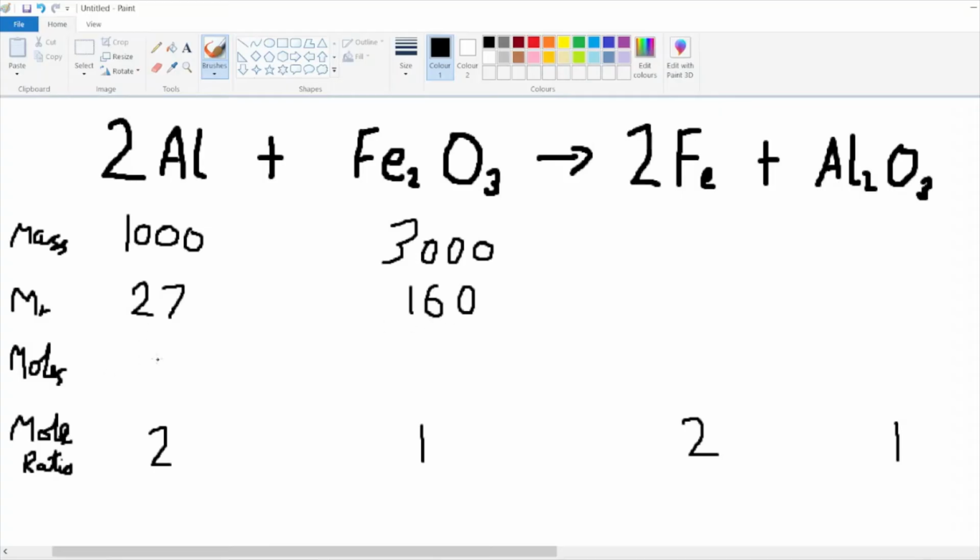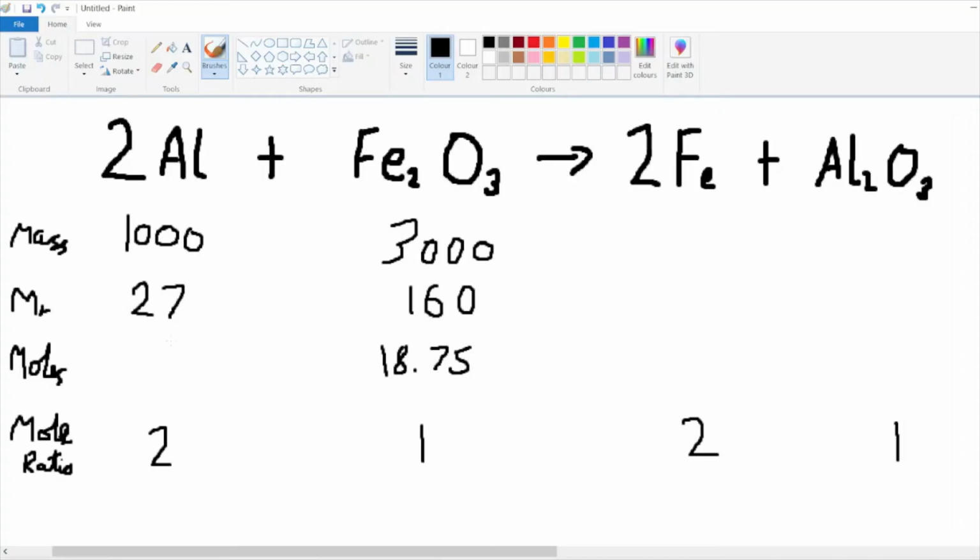So now we need to work out the moles. Let's start with iron oxide because we know that it is not the limiting reactant. And we have 18.75 moles of iron oxide. So we could actually use this to predict the amount of aluminium we should have. So if we times that by 2, then we get 37.5.